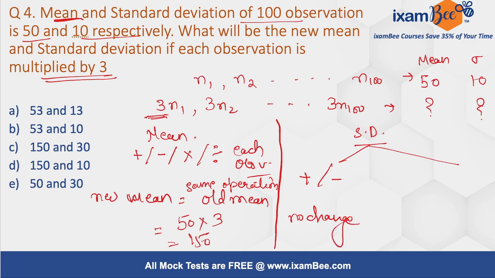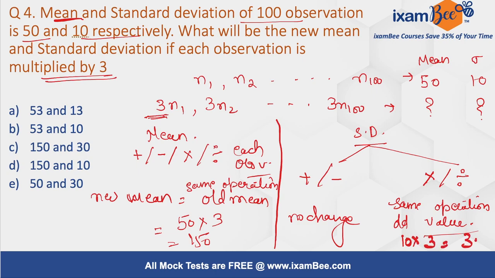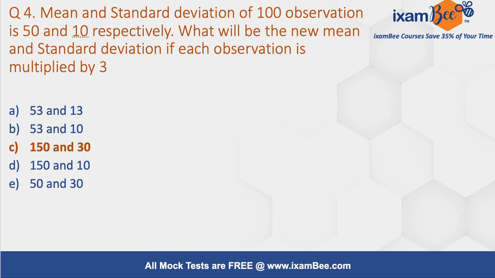But for multiplying and dividing, we have to apply the same operation on the old value to find the new value. So here we have to multiply with 3. So 10 into 3, that is 30. So 30 is the new standard deviation and 150 is the new mean. So option C should be the right answer for this question.